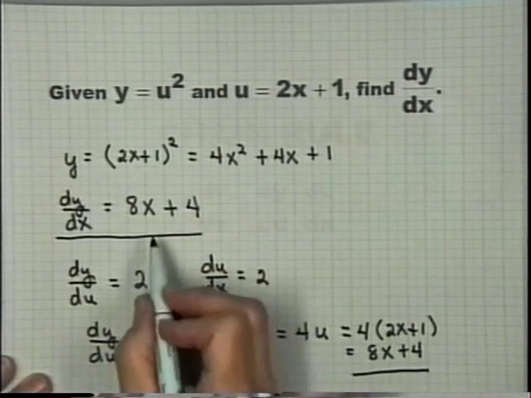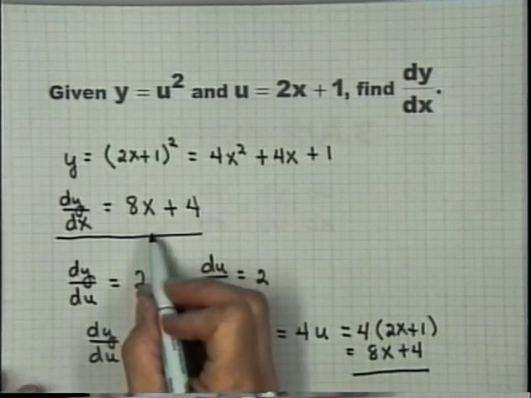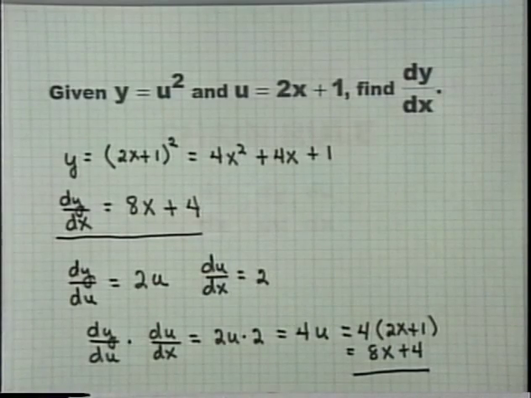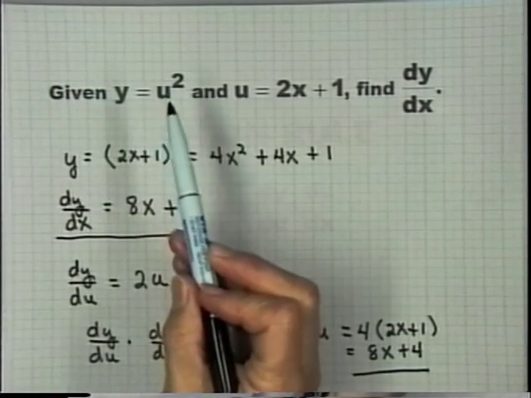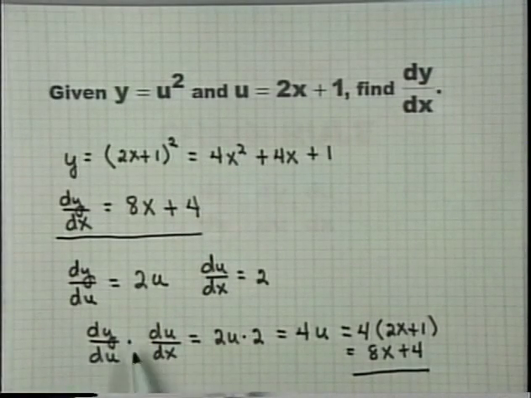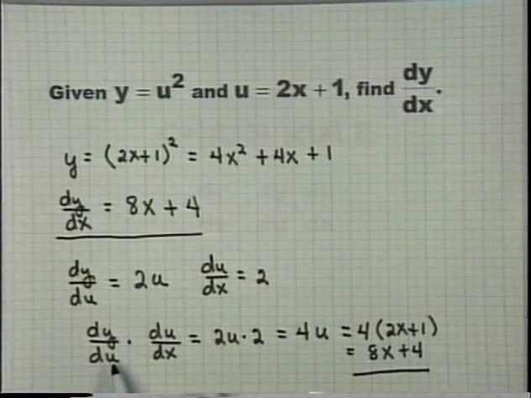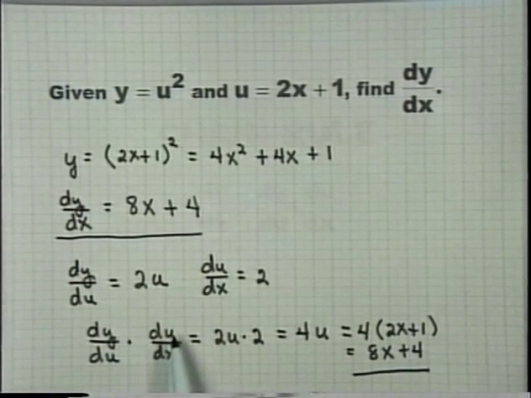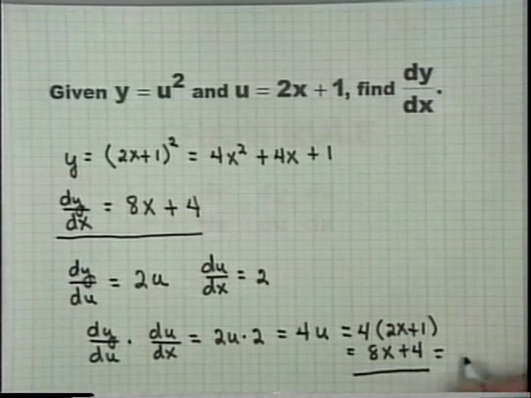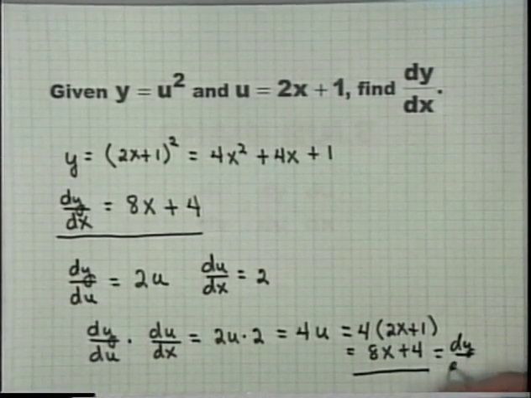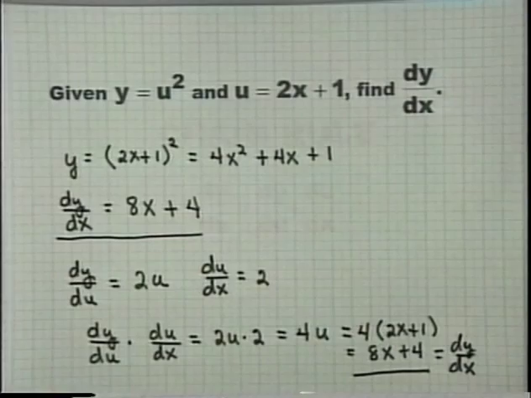Notice exactly the same answer that we got here. So this is indicating that if y is a more complicated function of x than just simple powers, I can find the derivative of y with respect to u times the derivative of u with respect to x, and the end result is the derivative of y with respect to x.